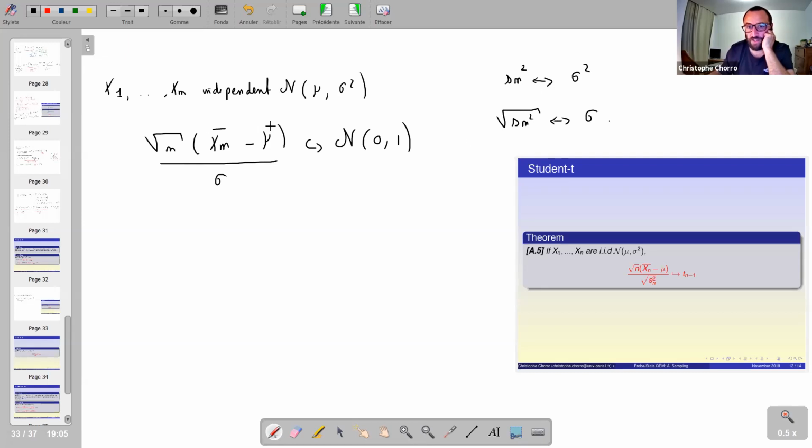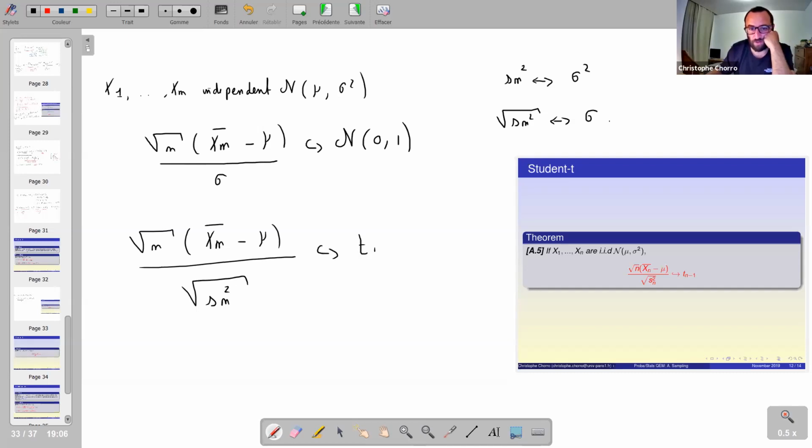If in this expression I replace sigma by the approximation I obtain from the corrected sample variance, this results in the square root of n, X n bar minus mu, over the square root of Sn square following a Student of parameter n minus 1.